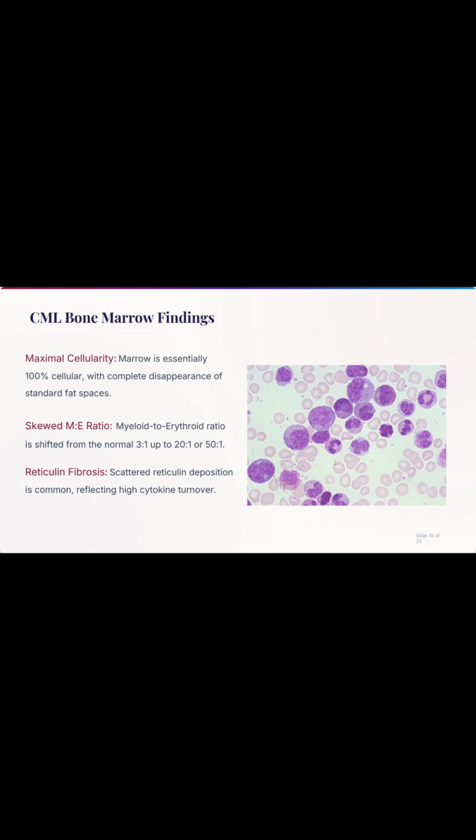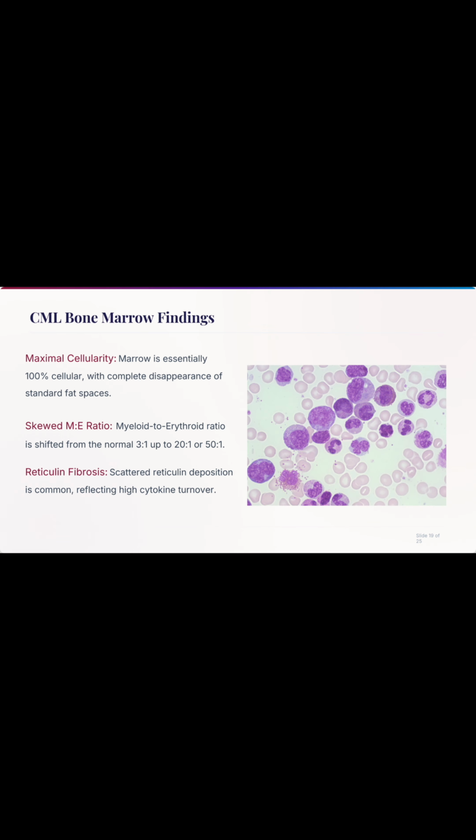CML bone marrow findings are maximal cellularity. Marrow is essentially 100% cellular with complete disappearance of standard fat spaces. Skewed ME ratio, that is myeloid to erythroid ratio.